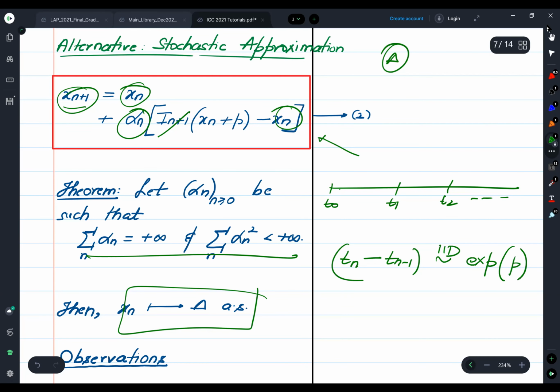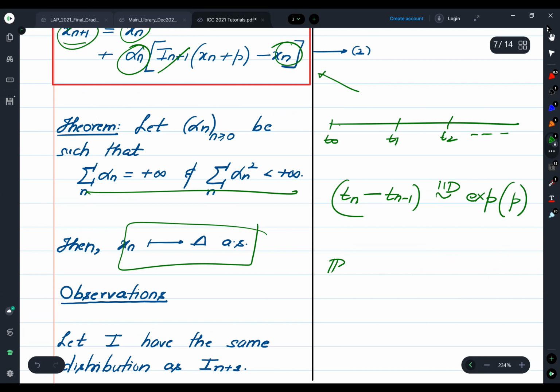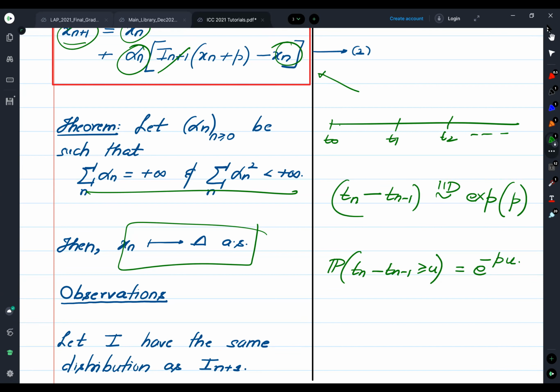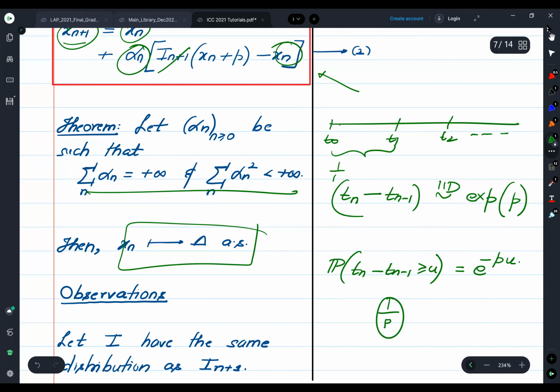Which means that the probability that t_n minus t_(n-1) is greater than u is equal to e raised to minus pu. Or in other words, 1 over p is the expected value of this gap. Because these are IID, this holds for any gap.